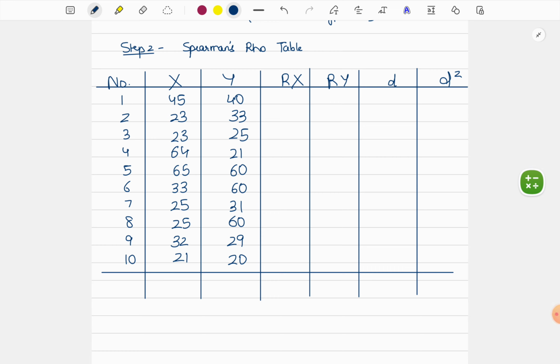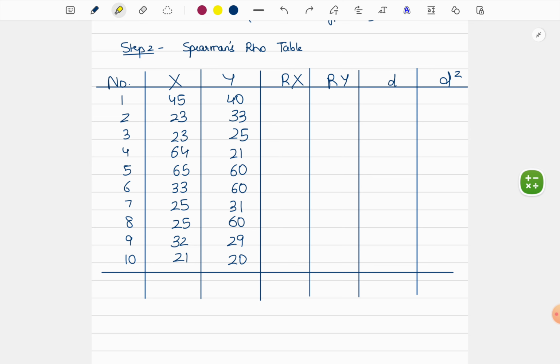Now we will start doing the actual steps which are required. Under ranks X, what we have to do is give ranks in ascending order to the values which are under column X. So we have to take the lowest number in the X column and reward it with a rank of 1.